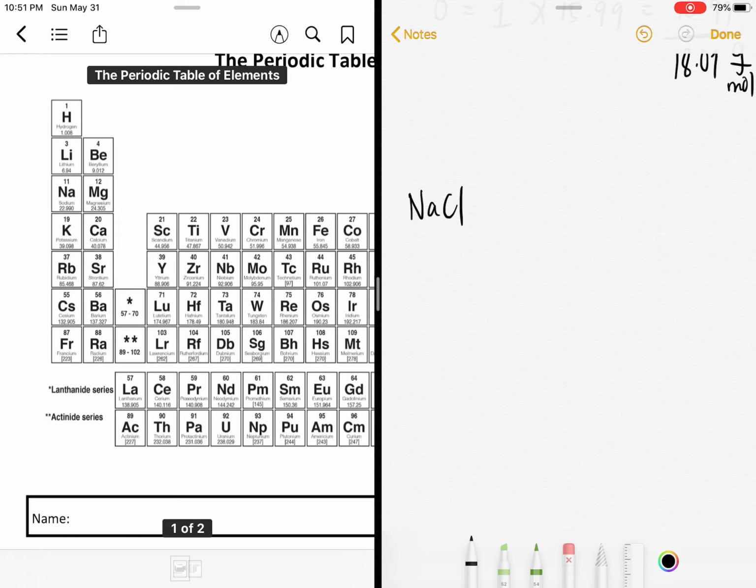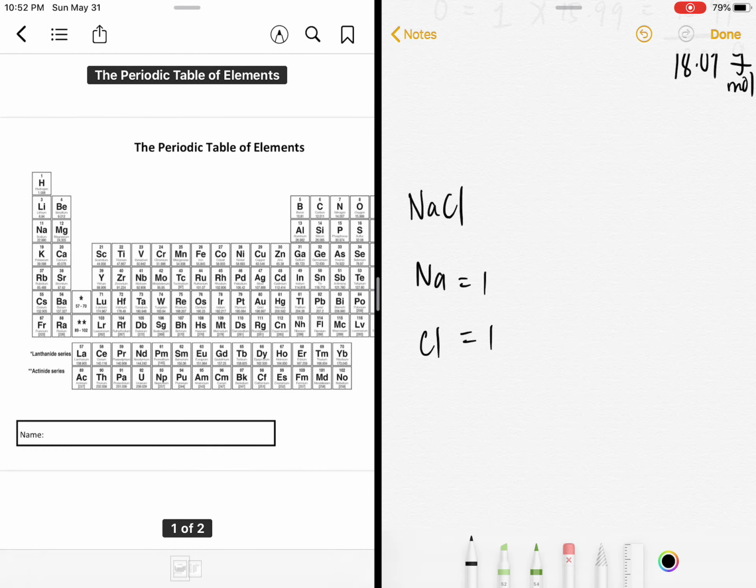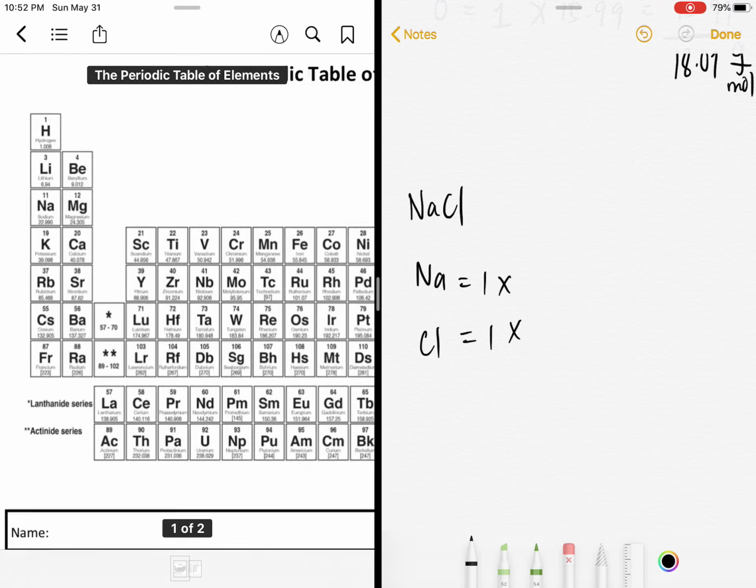What is the first step? Number 1, enumerate the elements. So, you have sodium and you have chlorine. Step 2, count the number of atoms. May subscript ba sila? Wala. So, automatically, it's equal to 1.